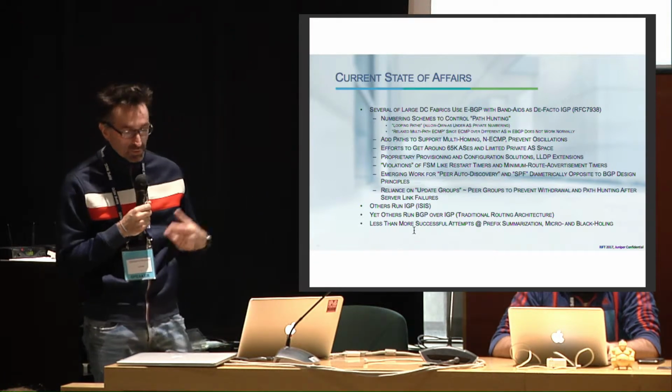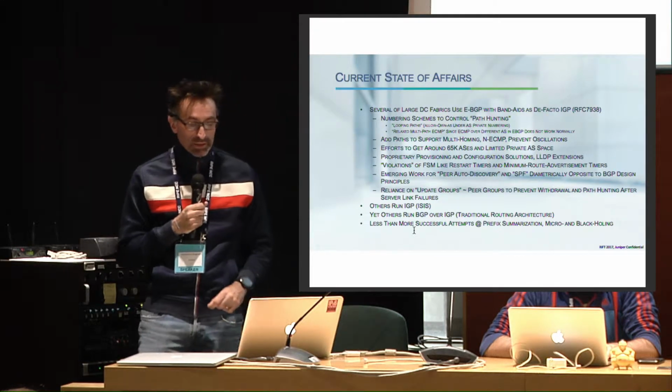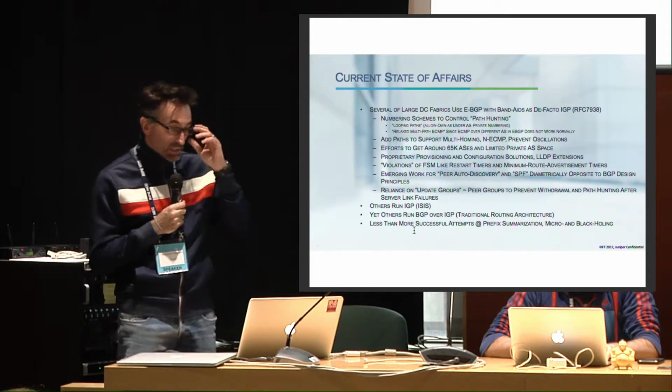We need path support for multi-homing and better ECMP, and also to prevent oscillations. We have a limited private AS space. We are also seeing some proprietary extensions to protocols such as LLDP trying to address zero-touch provisioning or auto-configuration for fabric.